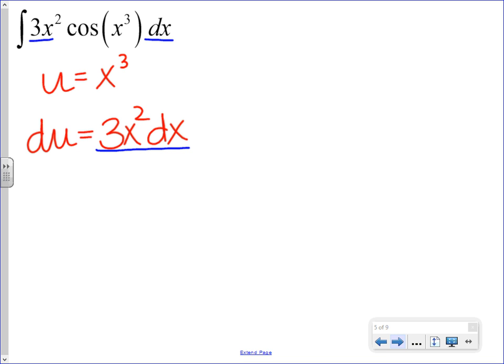I see that right there. Which means this is going to become the antiderivative of the cosine of u, and then 3x squared dx becomes du.